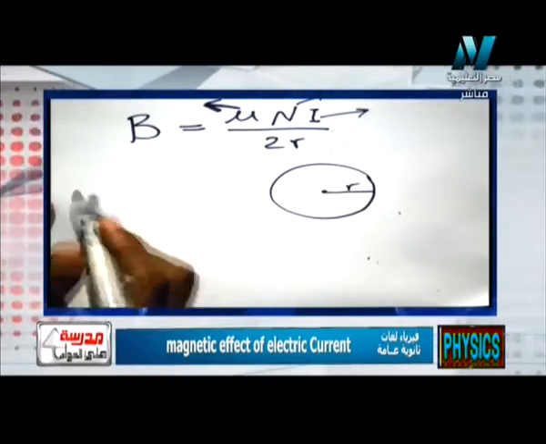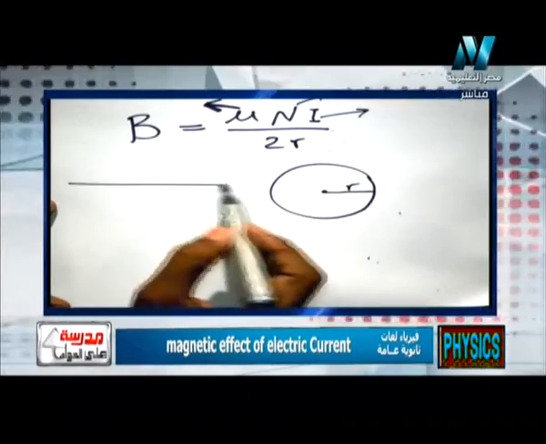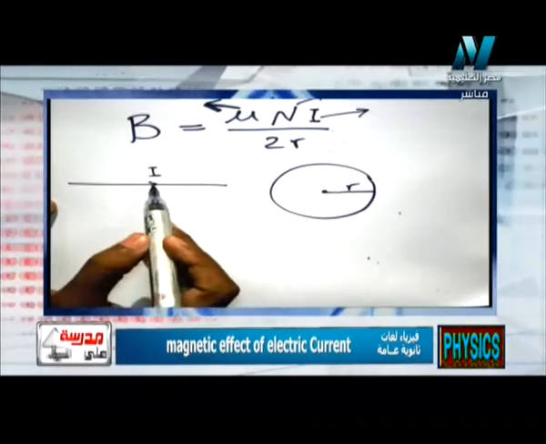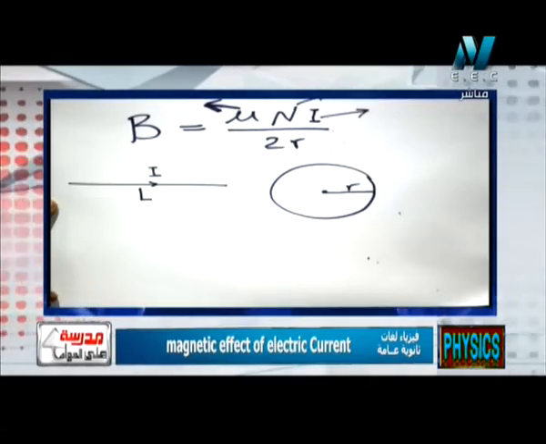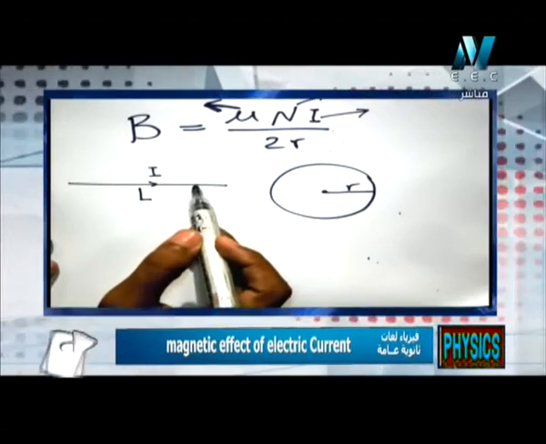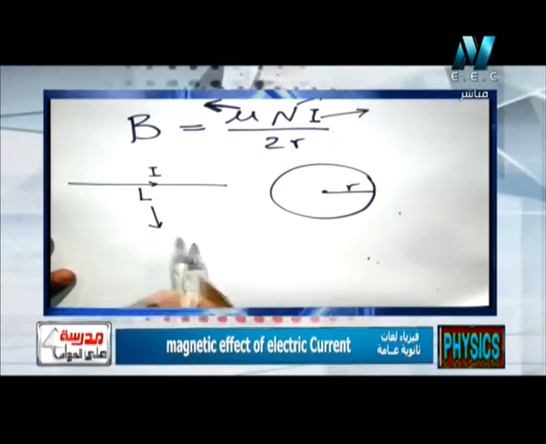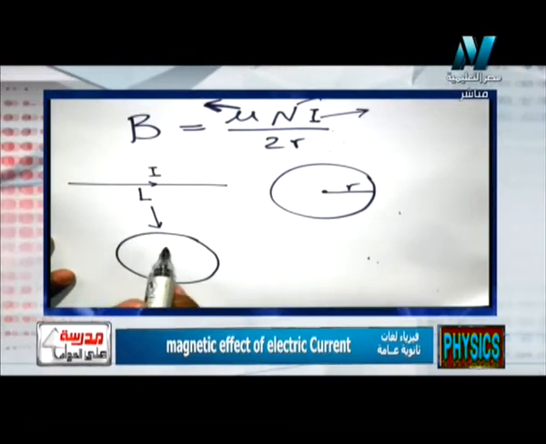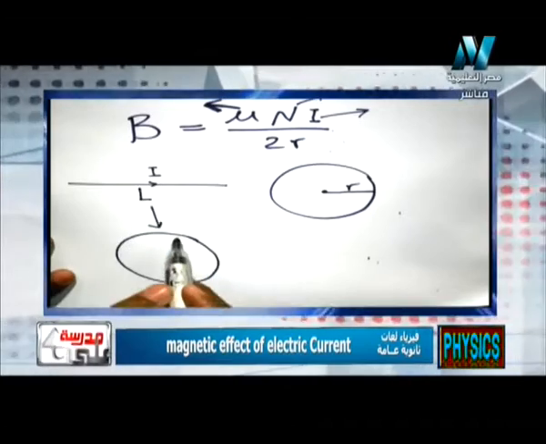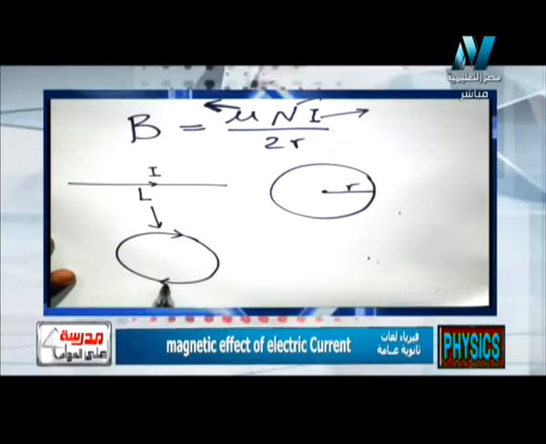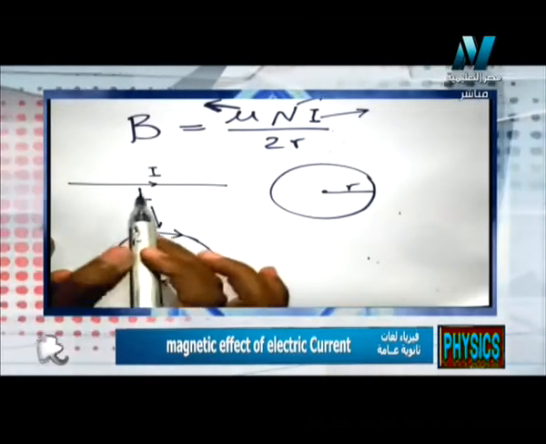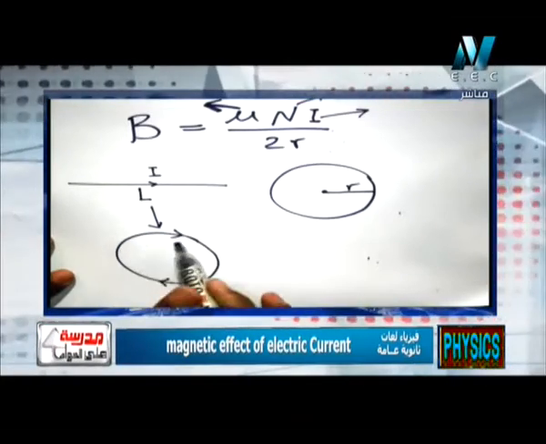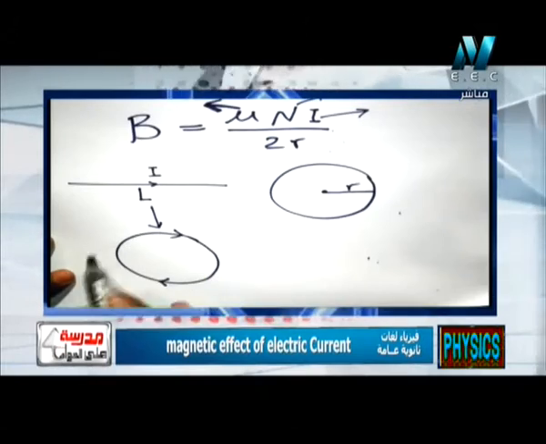So if we have a straight wire like this, which carries a current and has a length L, when this wire is converted into a coil like this, of course it carries the same current and the current will move like this. What about L here? The length of the wire is changed to a circle.